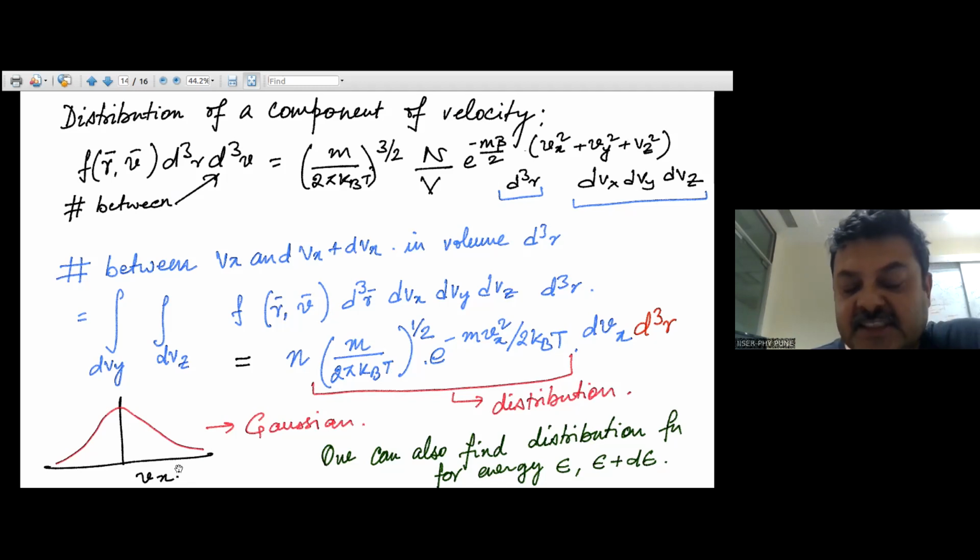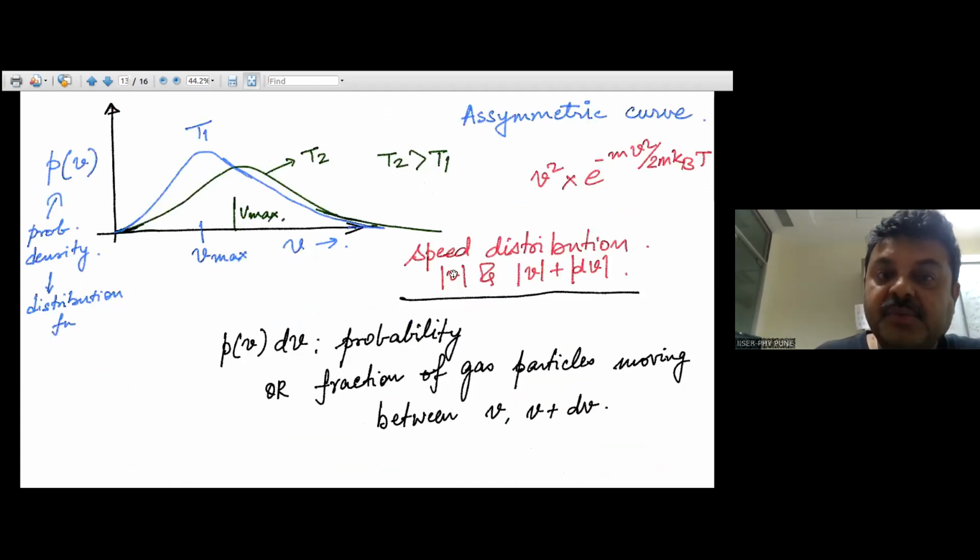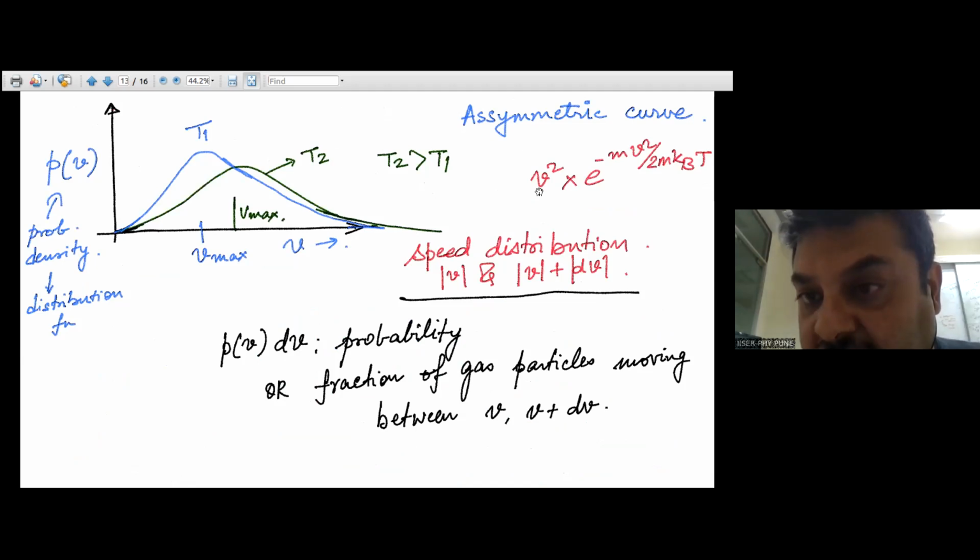Note here the x-axis is not speed, but vx, a particular component of the velocity. And in this case, you have minus m vx square by 2 kBT. So this is a Gaussian. This is to be distinguished from the speed distribution function, where because we had integrated over all directions, we had got a 4 pi v square.